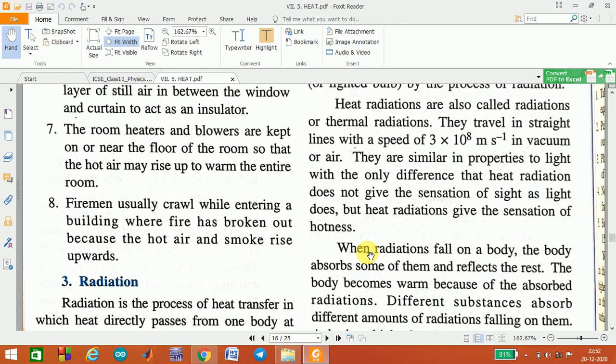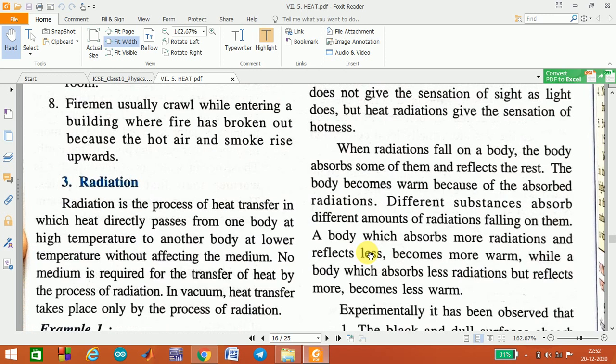When radiation falls on a body, the body absorbs some of it and reflects the rest. The body becomes warmer because it absorbs the radiations. Different substances absorb different amounts of radiation falling on them, depending upon the nature of the body.